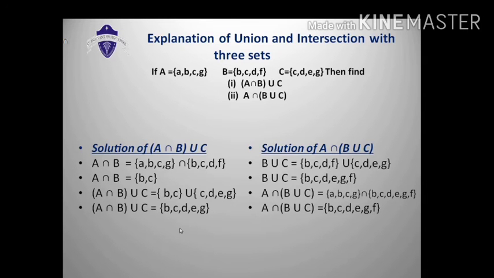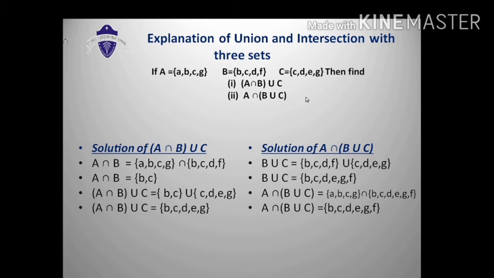Now I will explain this method by the following example. If A = {A, B, C, G}, B = {B, C, D, F}, C = {C, D, E, G}, then find number 1: (A ∩ B) ∪ C, and number 2: A ∩ (B ∪ C).